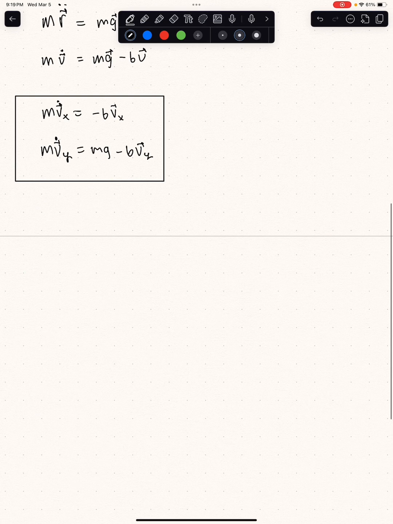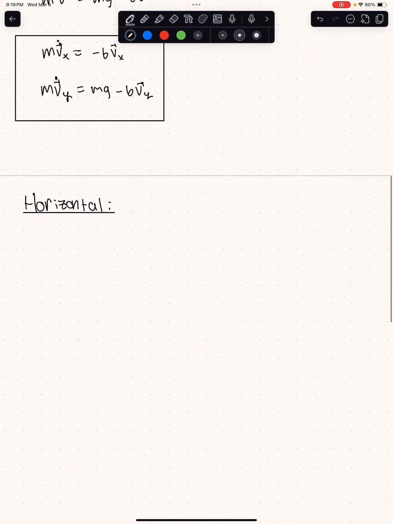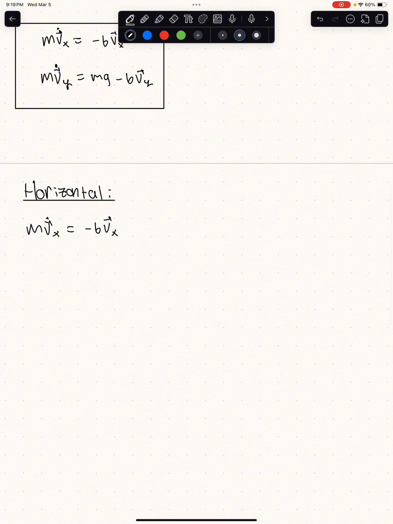Cool. If we first look at the horizontal component, so that is going to be m vx dot equal to negative b vx. We can go ahead and rewrite this for velocity.